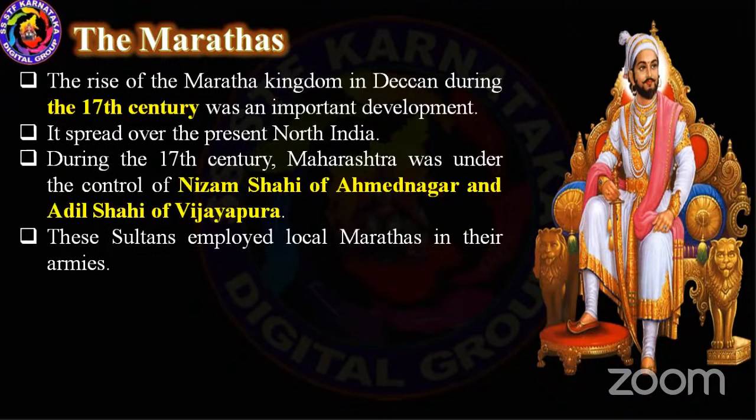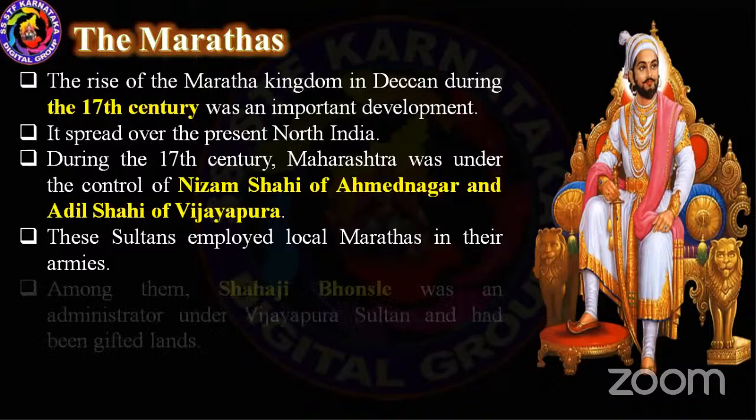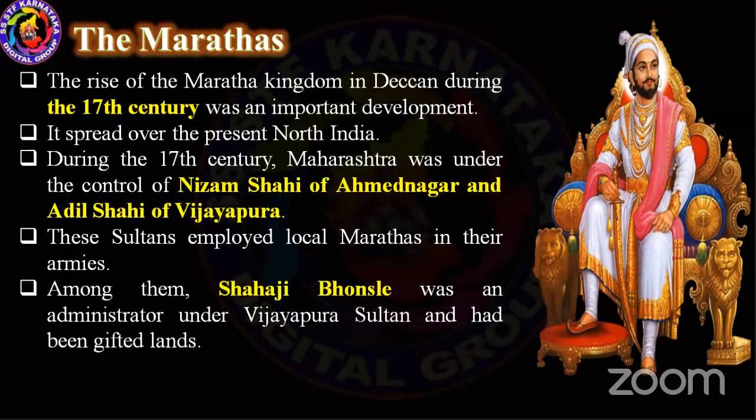These sultans employed local Marathas in their army. They employed efficient Maratha officials and made them chiefs of their army because of their loyalty and efficiency. Among them, Shahaji Bhonsle was an administrator under the Vijaypura Sultan and had been gifted land.